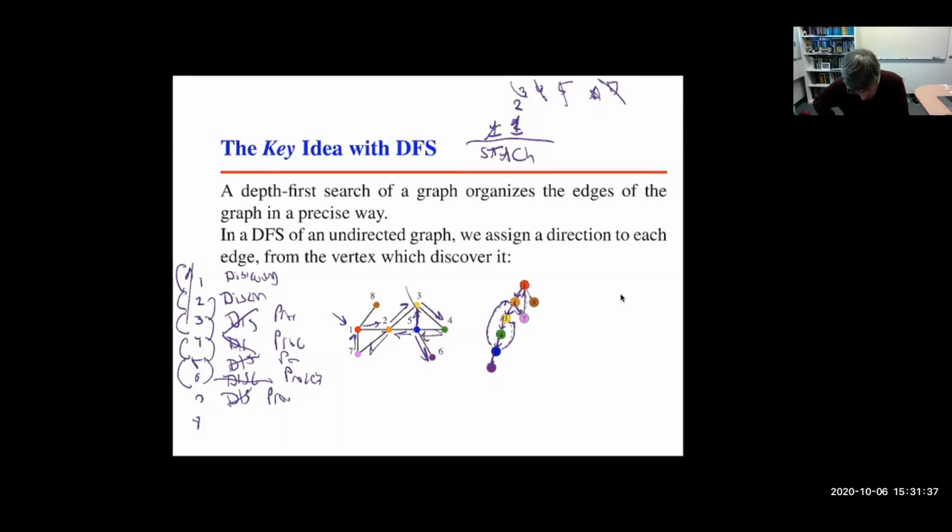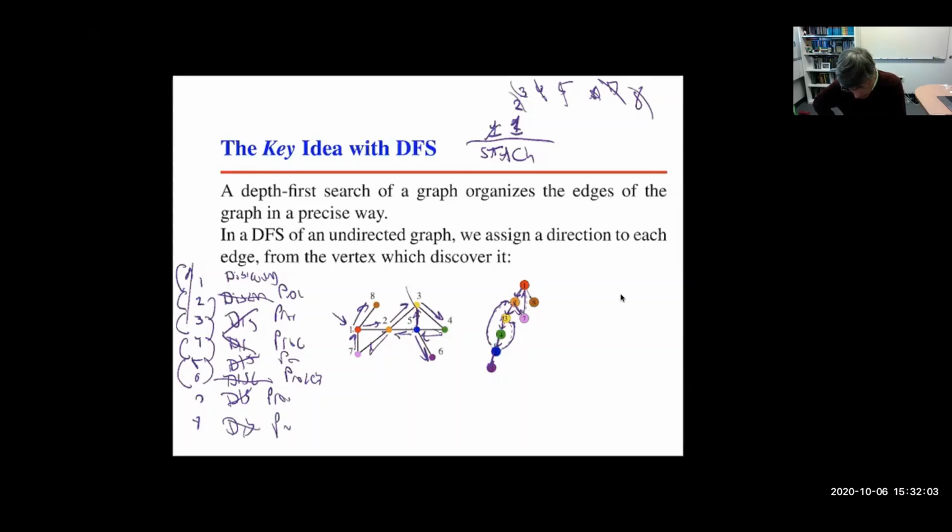And now I'm back at vertex 2, and there's nothing else for me to look at, so this is processed. And I go back to 1, and the only thing I haven't visited is 8. Yes, I have discovered 8. I look around it. I don't see any other new edges out of it. I back up. This is now processed.